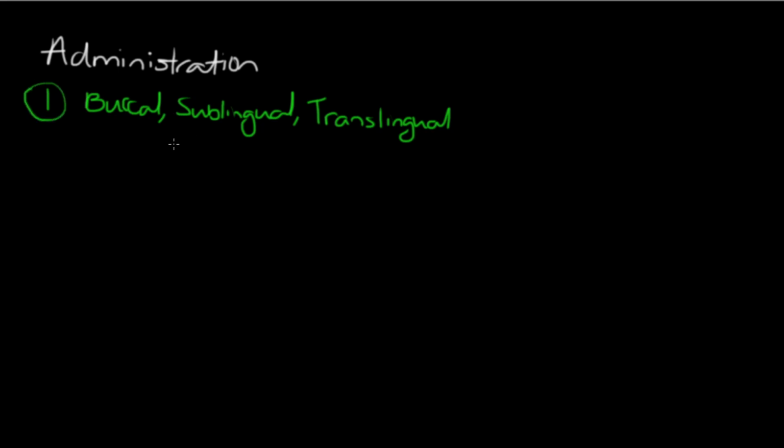An example of this would be nitroglycerin. So I'm going to write it in red. Nitroglycerin is normally given on the tongue, so it will be translingual, or sublingual as well, under the tongue.